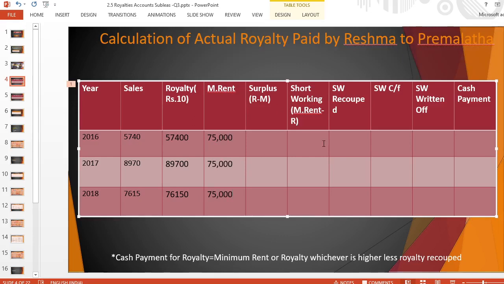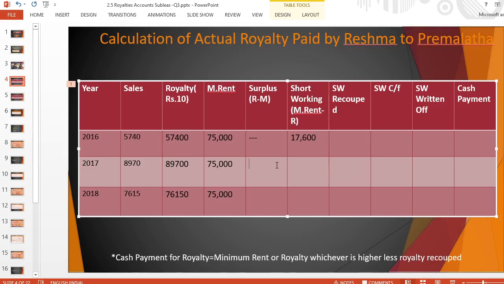Then surplus or short working we need to find out. In the first year minimum rent is 75,000 and here 57,400. So minimum rent is higher, so we need to write in the short working column. The difference, 17,600, represents short working.